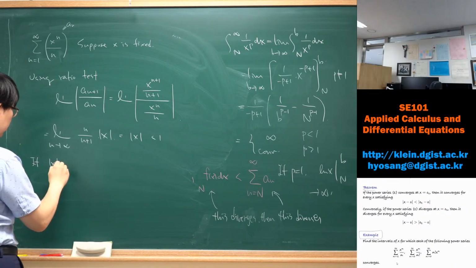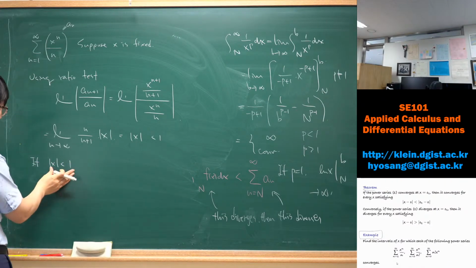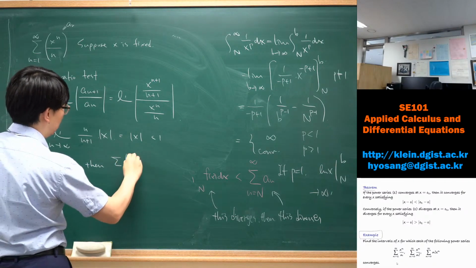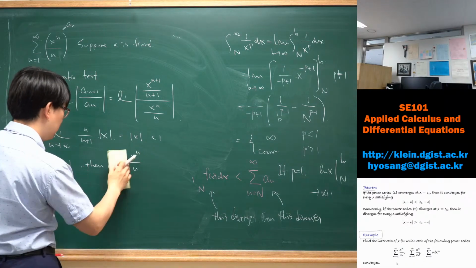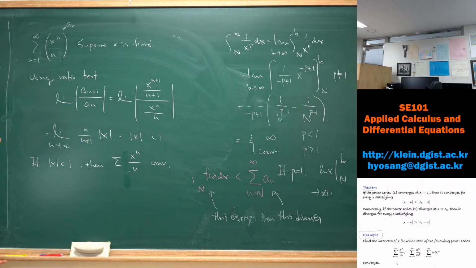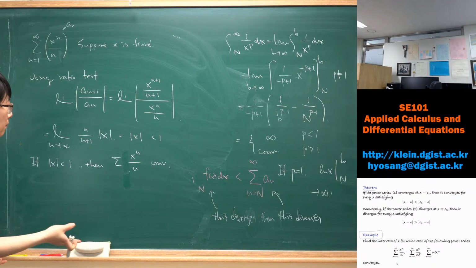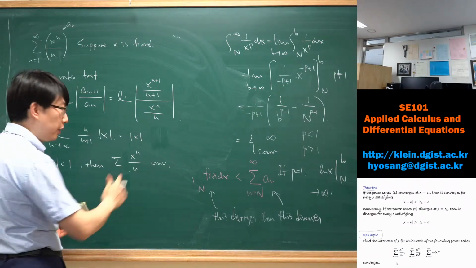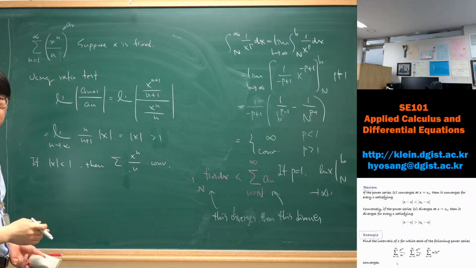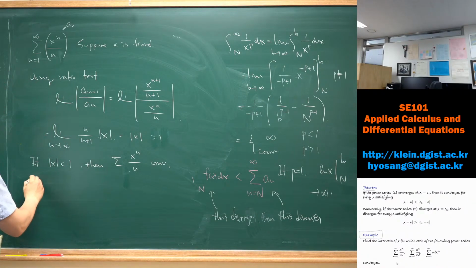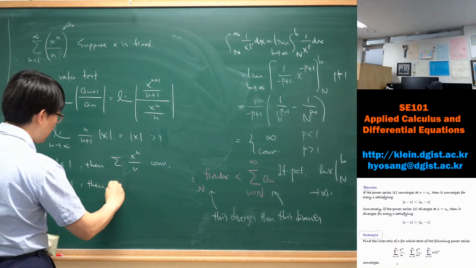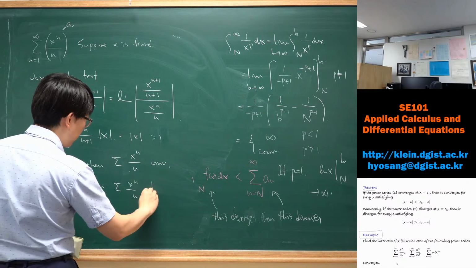So if x satisfies this condition, then the sum of x to the n converges. In a different situation, if this were strictly bigger than 1, then by the ratio test, this series diverges. Therefore, if the absolute value of x is bigger than 1, then this diverges.